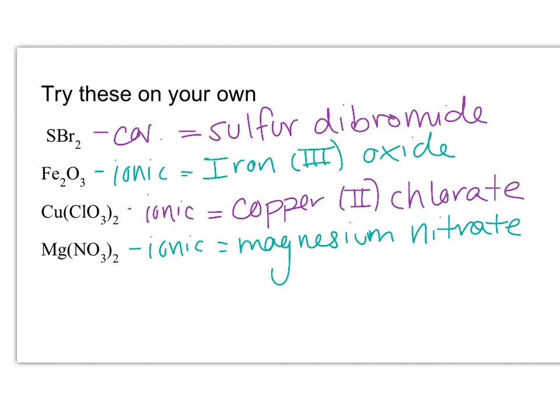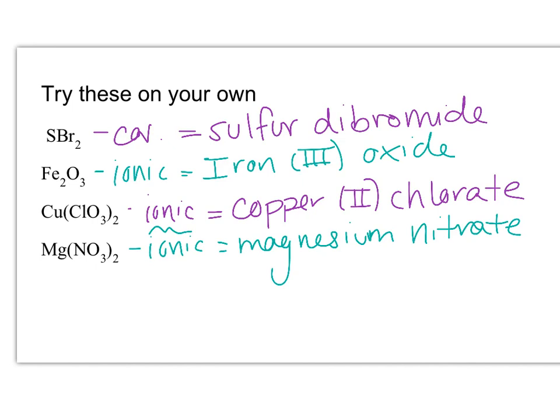When you see 3 elements involved, you're automatically going to know that it's an ionic compound because only polyatomic ions allow us to have more than 2 elements in a binary compound. And so that means we have to be using the ionic system. So copper with a +2 charge in that situation. So copper 2 chlorate. And then lastly, magnesium nitrate.